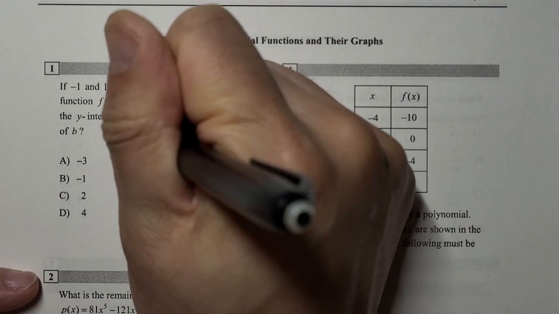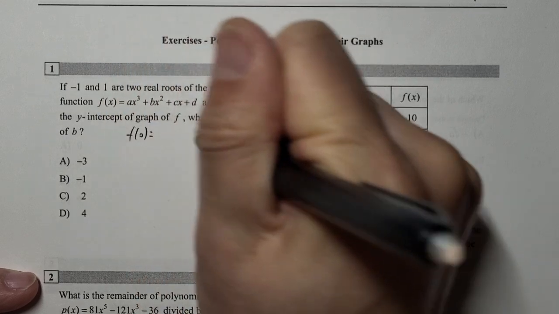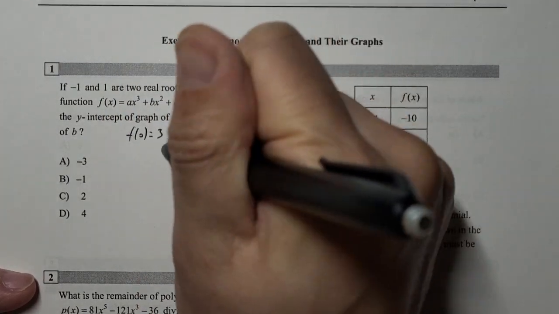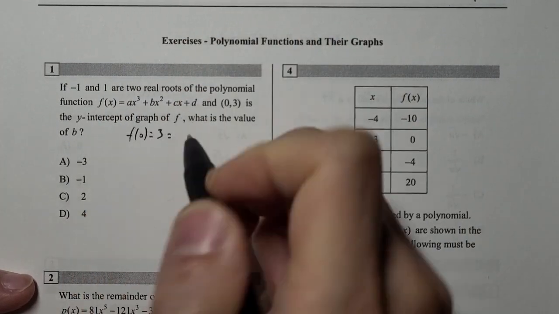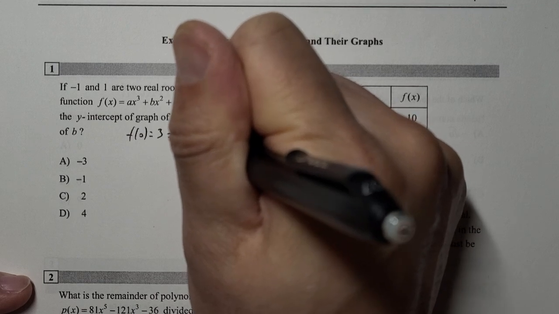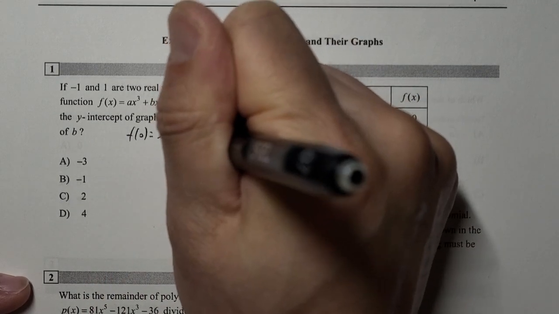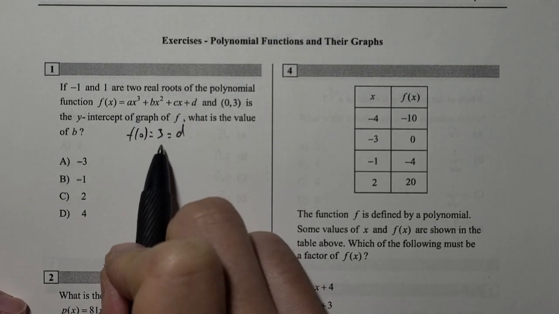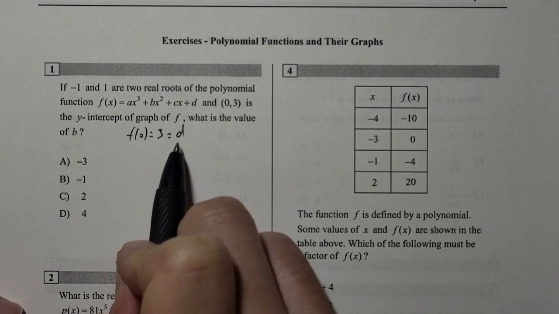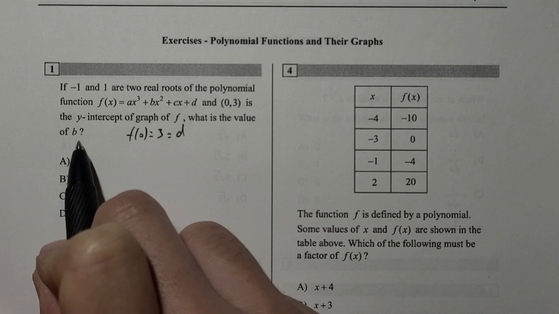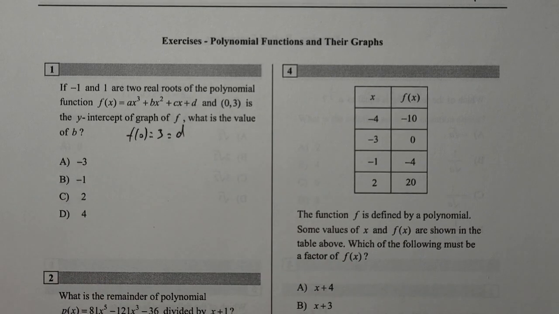What do we get? F of 0, which we know is 3 by here. What if we plug in 0 into each one? It'll be a times 0 plus b times 0 plus c times 0 plus d. So d is equal to 3. Okay, that might help us. We found one of the variables. We need b specifically, but we found one of them. That might help us in the future.